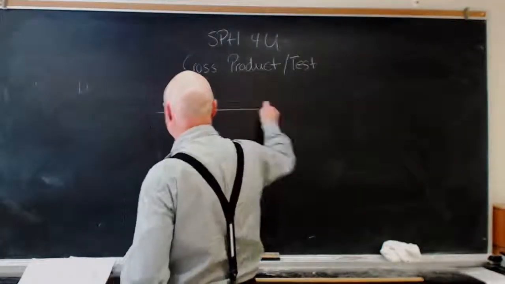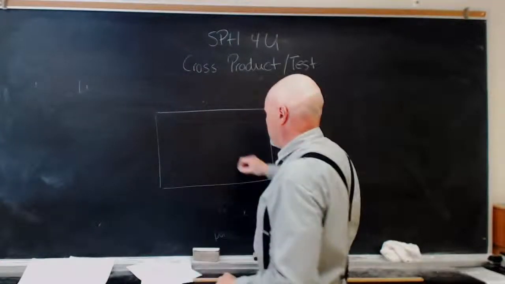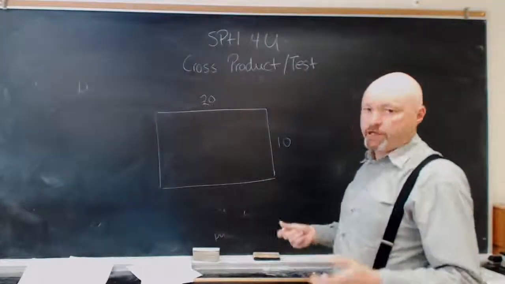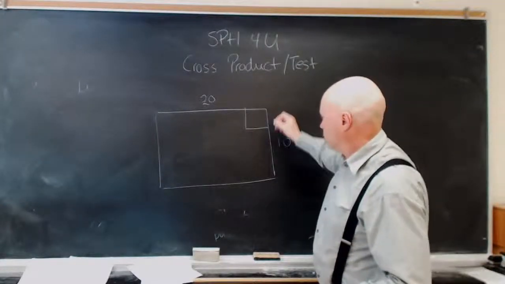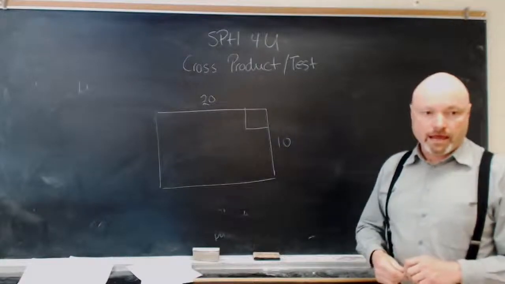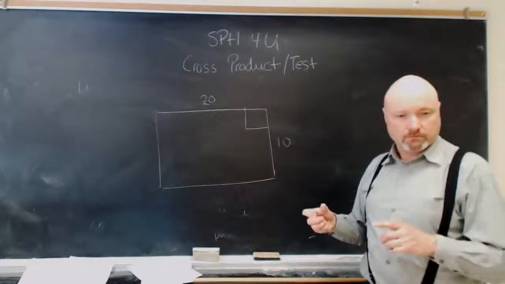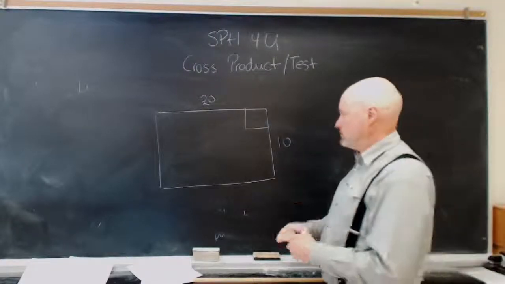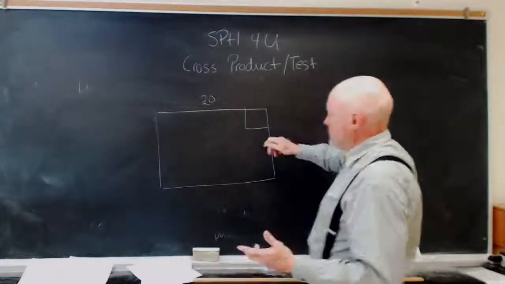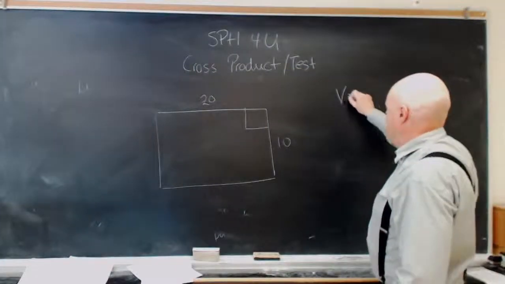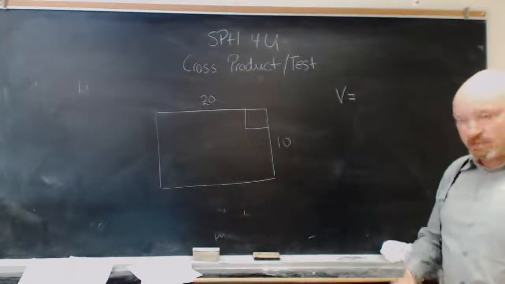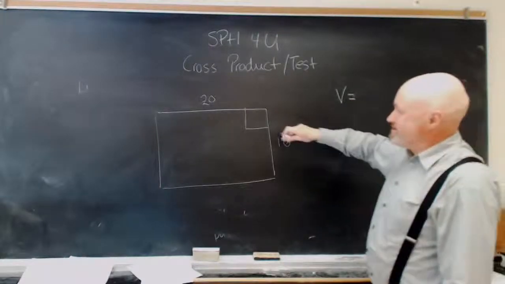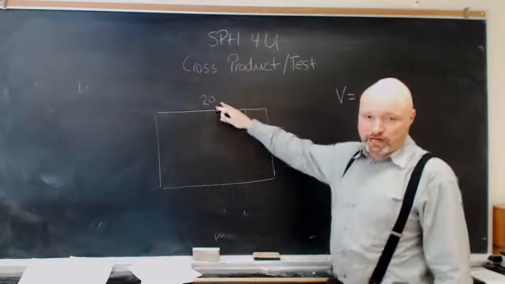You've got, I don't know, a 20 by 10 sheet, and you're going to cut little corners out, and you need to figure out the maximum volume that you can get. So that's an example, right? We need to figure out what the volume is. So we just say, this is our quantity that we're going to maximize. This actually provides the constraint for us here.